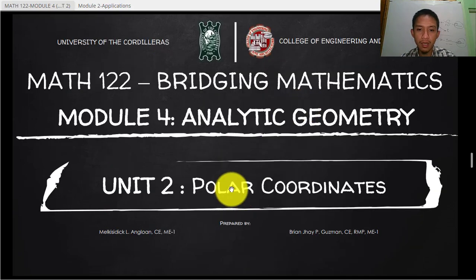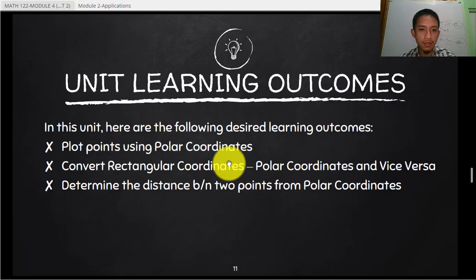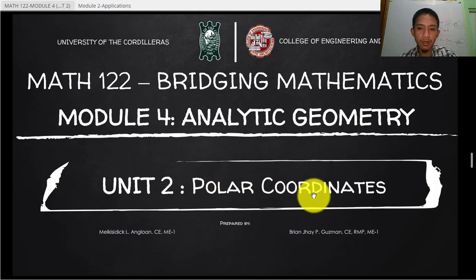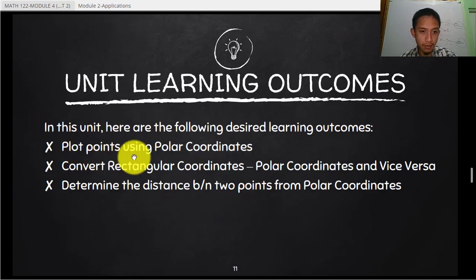In this unit 2, polar coordinate, you will expect to have these outcomes also: plot points using polar coordinates and then convert rectangular coordinate to polar coordinate and vice versa.